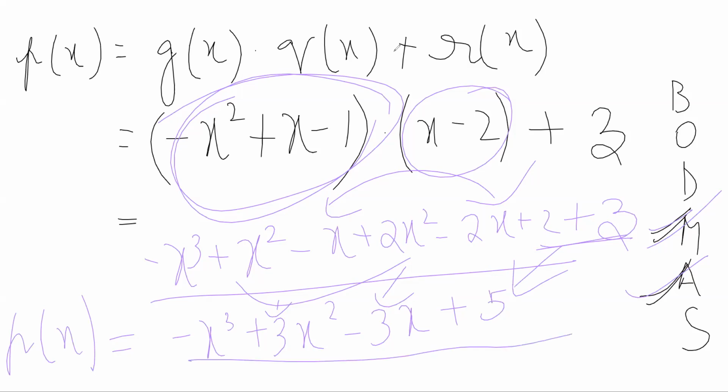First of all, we have the rearranged p of x, which was minus x cube plus 3x square minus 3x plus 5. Now you see the rearranged p of x and the p of x that we have got is satisfied.